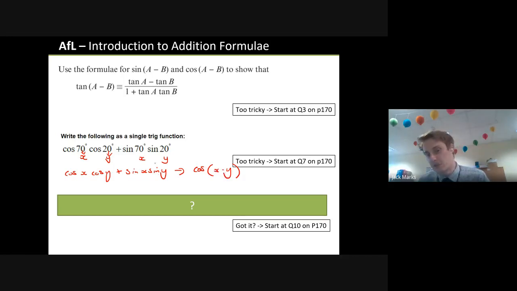You need to be able to recognize it backwards. That's the challenge. And yes, it does get asked as a question, usually more with sine double angle than cos, but it could be cos as well. Just noticed we should write the 70 back, so that's 70 minus 20. In other words, it's cos of 50, because 70 minus 20.